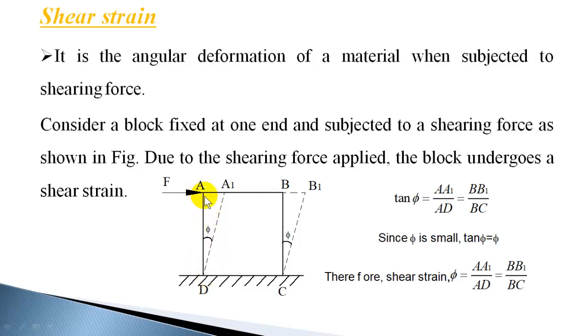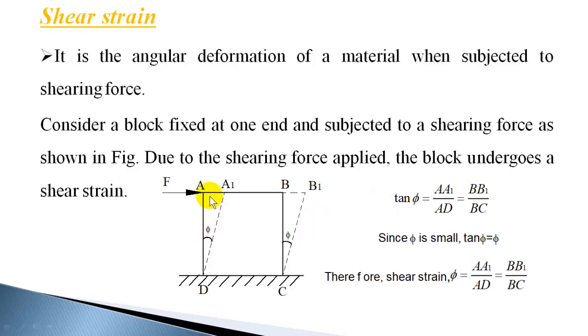So there is a deformation. This fixed end will be exerting a force in the opposite direction to balance this force, and that causes a shear deformation, and the angle through which it turns is known as shear strain.